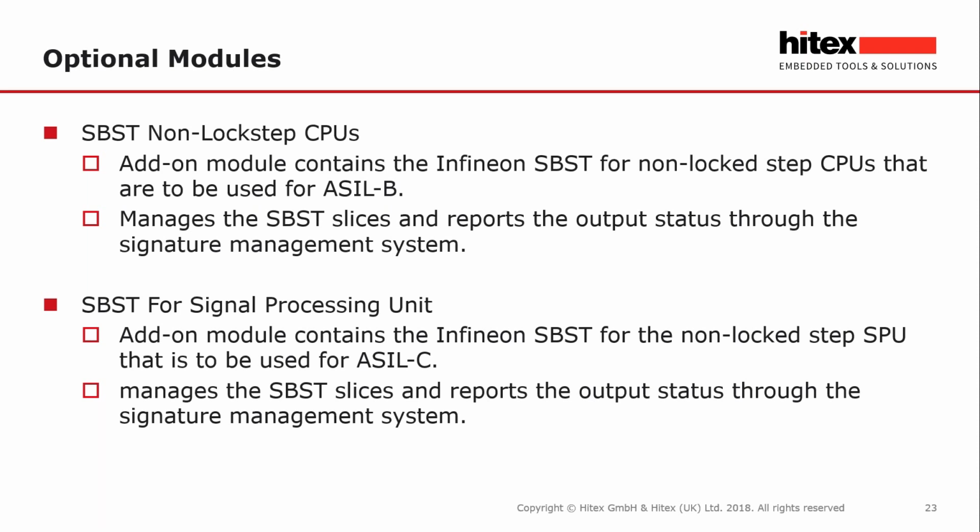And for the single processing units, if you want to use one of these in a non-lockstep mode at ASIL-C, then again, you will need to obtain the SPU SBST from Infineon, and the safety pack will then manage the SBST slices and report any output status back through the signature management system.